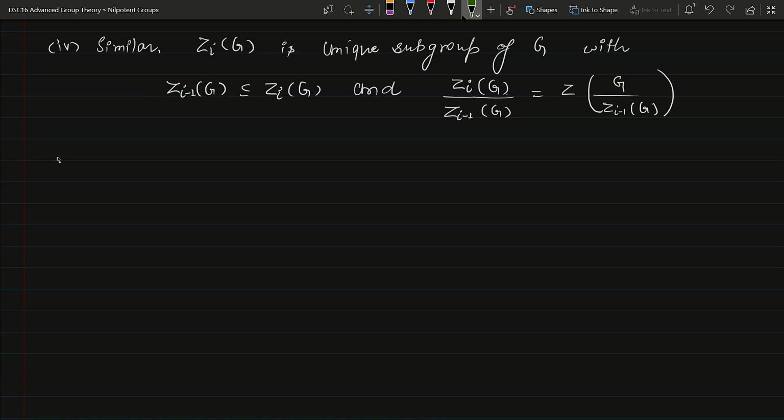So I'm saying if there exists a positive integer n such that the nth center Zn(G) is equal to G itself, then G is said to be a nilpotent group.